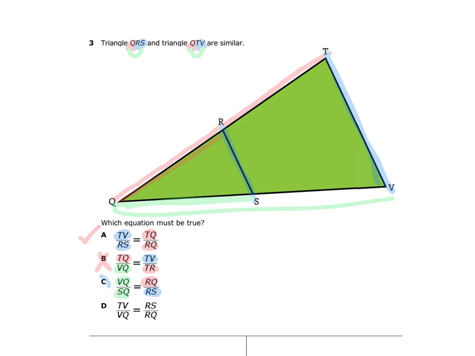So that one broke the pattern. And then for D, we have TV is blue, VQ is green, RS is blue, but then RQ is red. So that one broke the pattern. So the only one that it can be here is A.